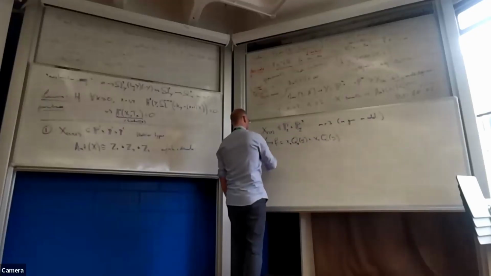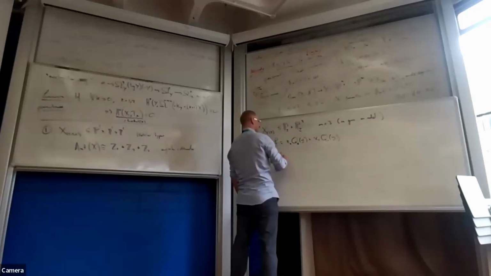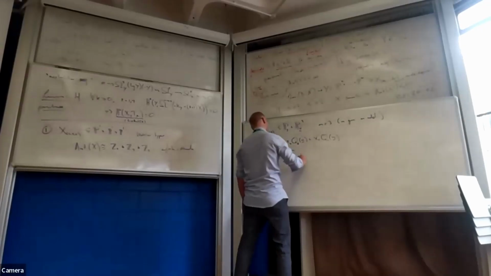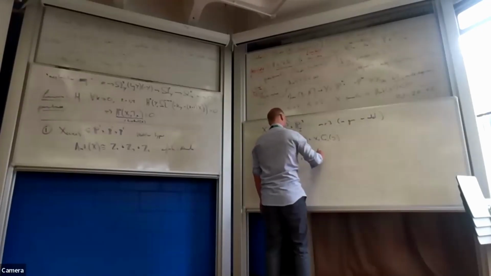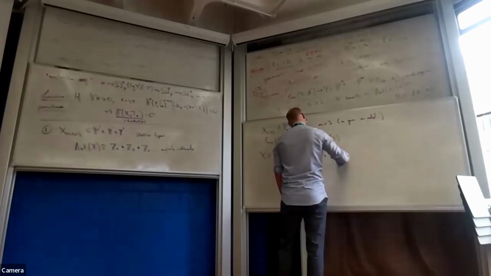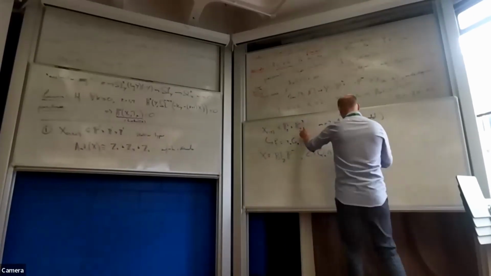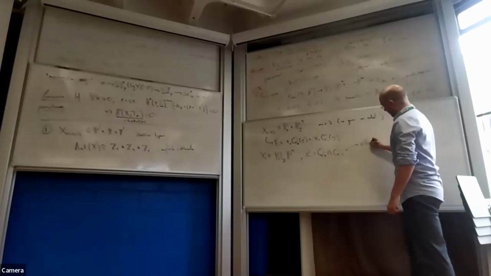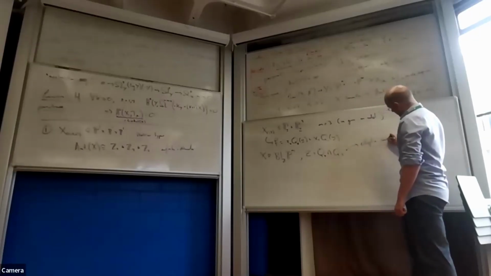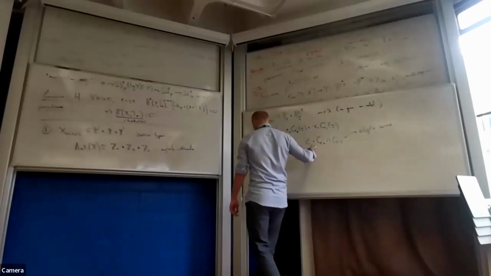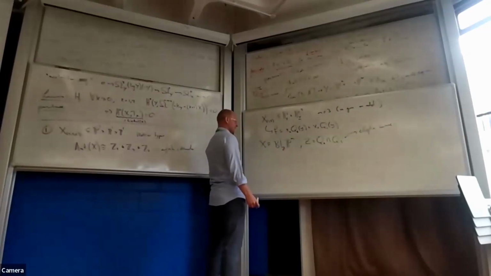And indeed, X is isomorphic to the blow up of P3 along the intersection of these two quadrics. Which, when m is 3, is an elliptic curve. Again, you can do these numerics, you can intersect these guys, it gives you an elliptic curve.